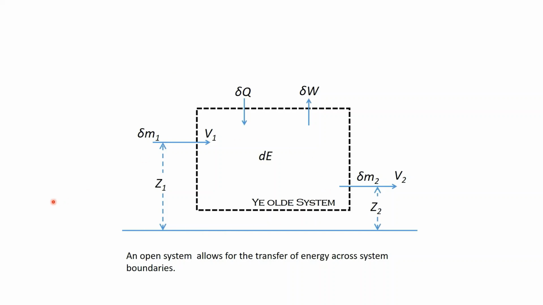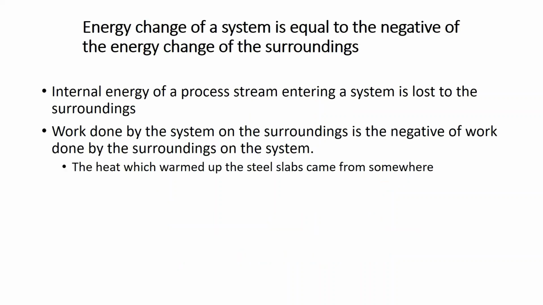Going back and remembering what we're talking about, we're seeing this again: we have mass crossing system boundaries, and we have heat and work crossing system boundaries. The only way energy crosses system boundaries is through heat and work. If you have a closed system, things are a little bit different. The energy change of the system is equal to the negative of the energy change of the surroundings.